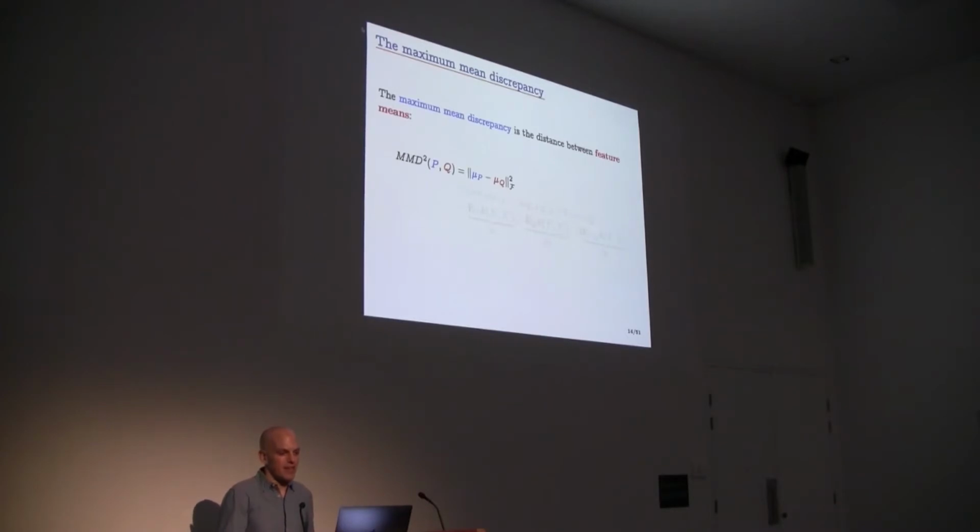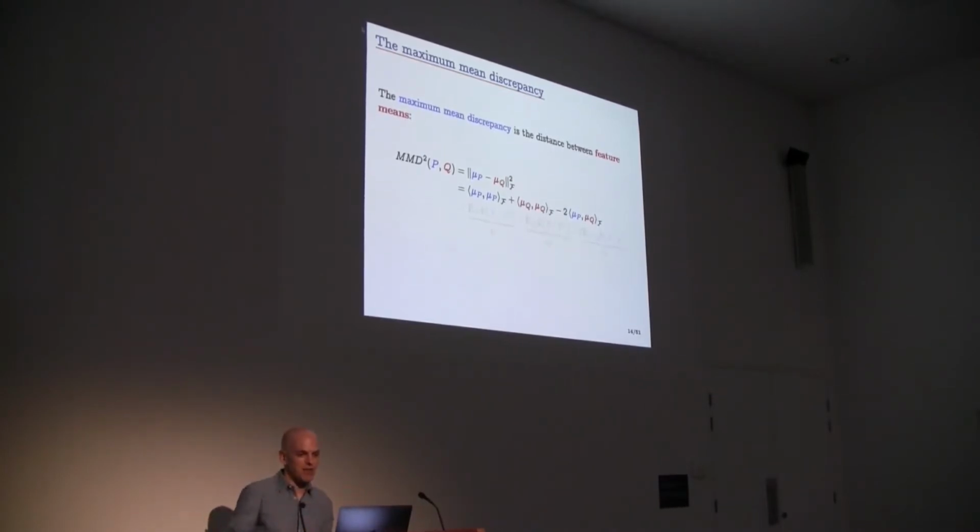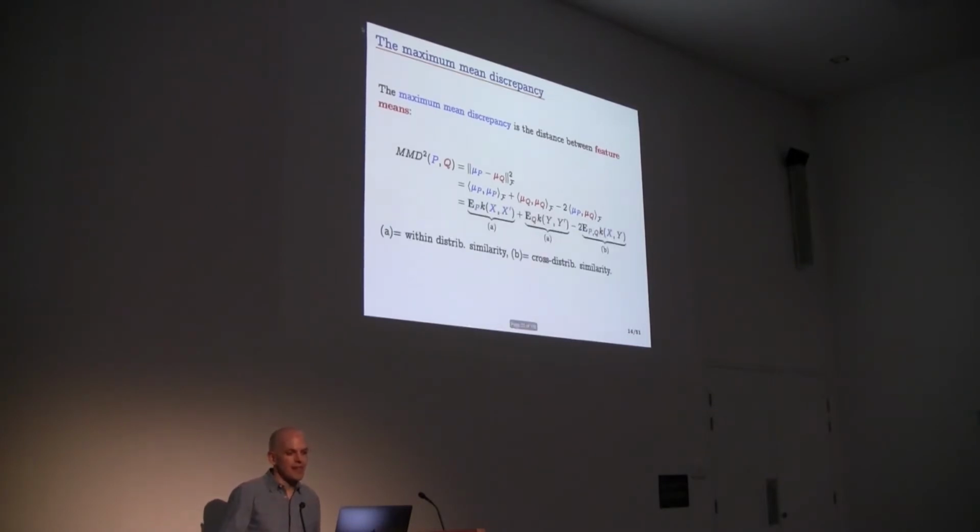If we take this squared distance and expand it out as the dot product of the difference in expected features with itself, we just get the dot product of the expected features of P with itself, plus the dot product of the expected features of Q with itself, minus 2 times the dot product of the expected features of P and Q. Bearing in mind that the dot product of expected features is the expected kernel, we now have an expression which we can compute, as long as we can compute these expectations.